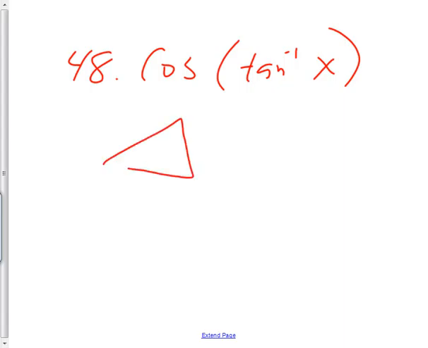Still a tangent. Tangent is opposite over adjacent. Opposite, adjacent, x, 1, and then this must be, what? Square root of x squared plus 1. And then I want the cosine of that. So it's the same exact triangle I had last time, and I just have to do cosine. Cosine's adjacent over hypotenuse. From there, if you can't do it, I probably can't help you, because it's pretty simple from there.